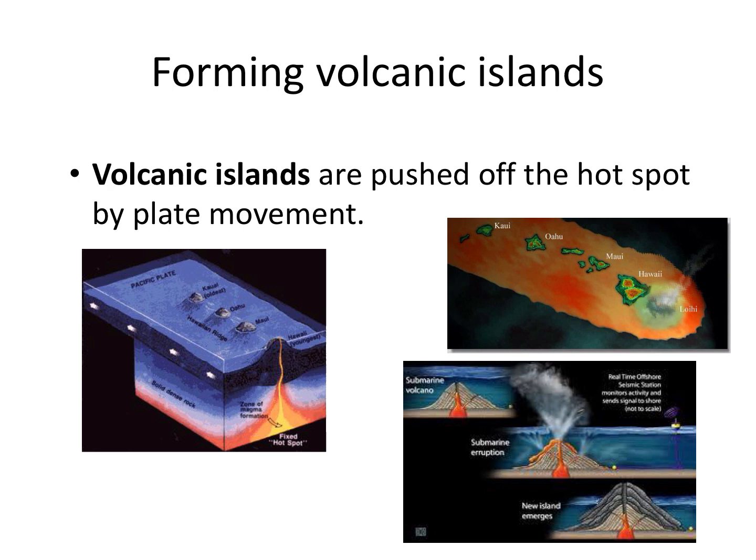Okay, so these are islands such as the Hawaiian Islands. Volcanic islands are pushed off of the hot spot because the plates continue moving. The mantle plume does not move generally, it stays in place.